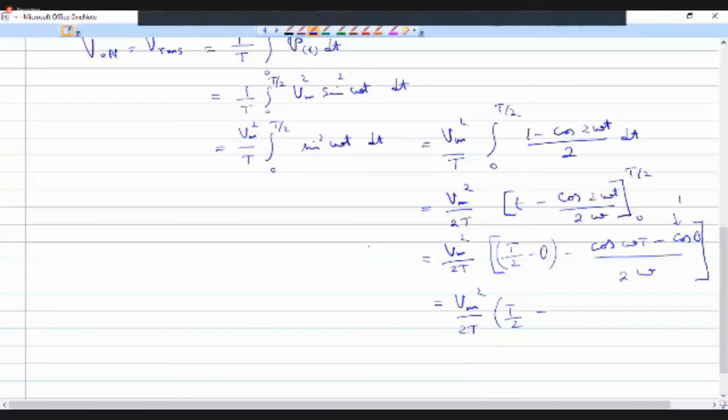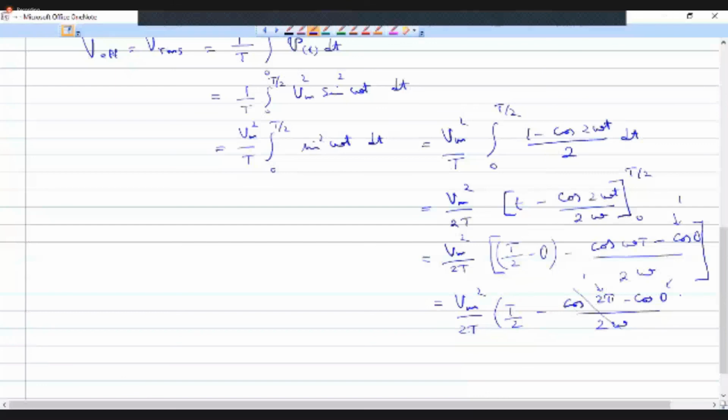Okay. So we'll have here cos of 2 pi minus cos 0 divided by 2 omega. So cos 0 is 1 and cos of 2 pi is also equal to 1. So that will be equal to 0. So this term will vanish from here.